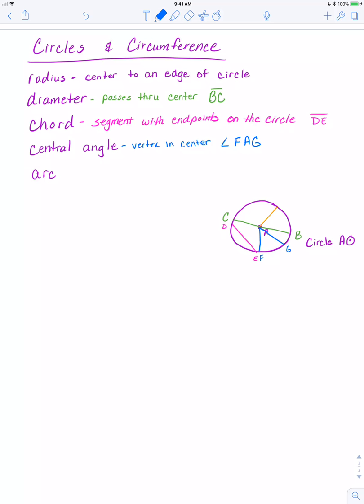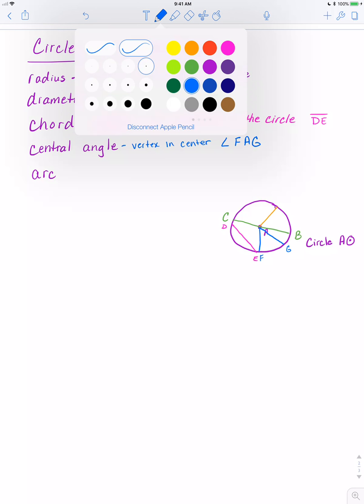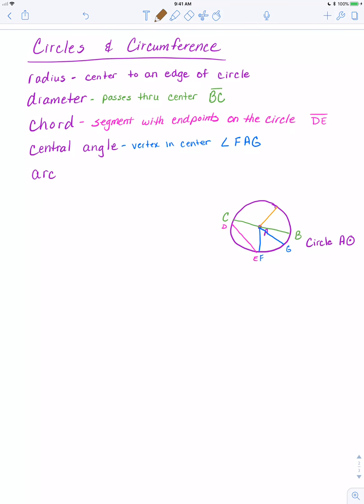And then any arc on here would be one of the outside edges. So let's say if we wanted to say this was an arc, that would be arc FG, and it's denoted by an arc above it.